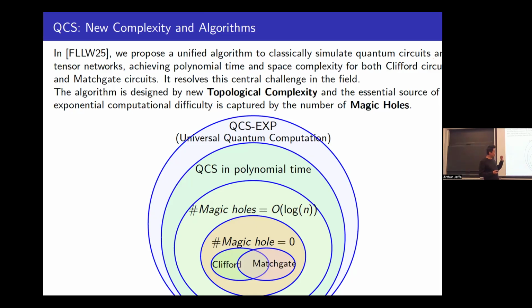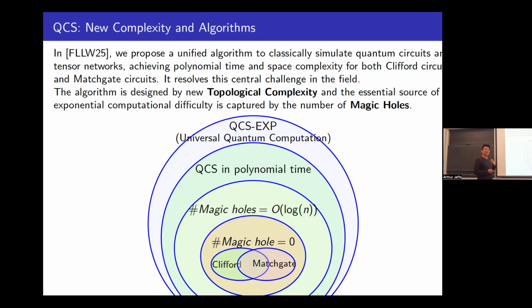And for the Clifford and match circuits, these 2 remarkable families of circuits, the number of magic holes is 0. That means in this theory, both Clifford circuits and match circuits are free. That's the really fascinating part.